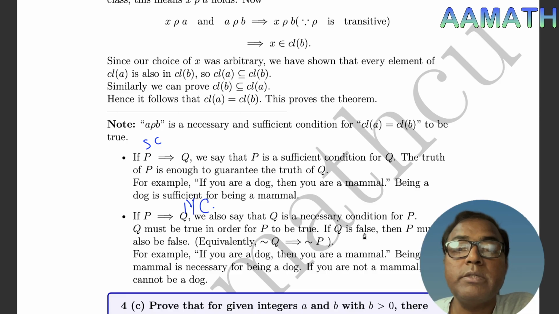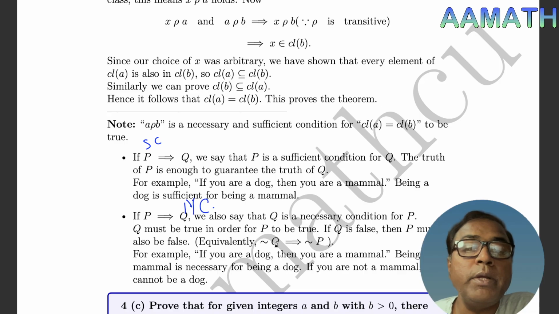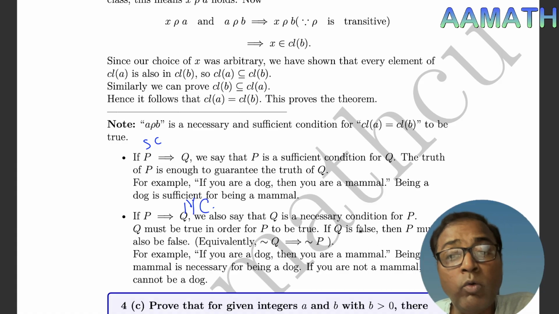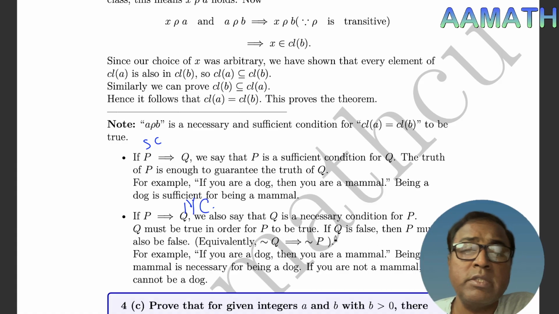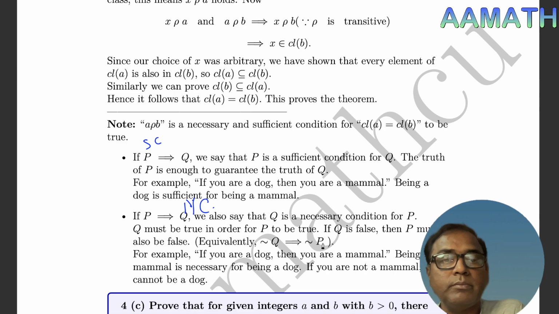If Q is false, then P must be false. That is, equivalently, negation of Q implies negation of P. So P implies Q, the equivalent statement is negation of Q implies negation of P. If Q is false, then P must be false.